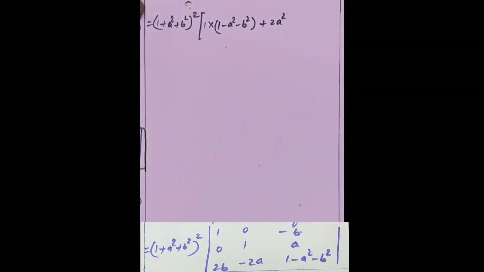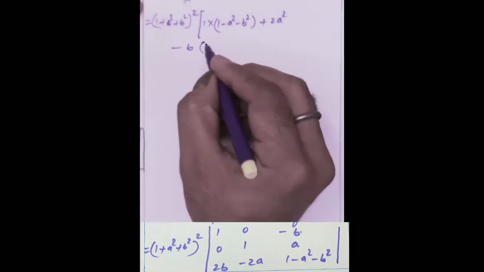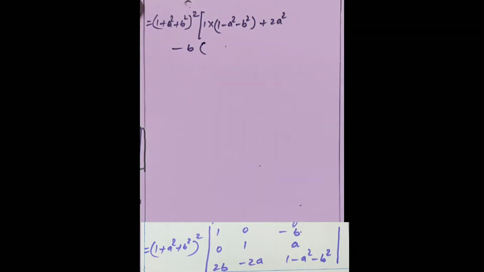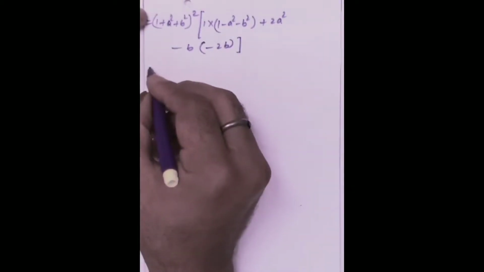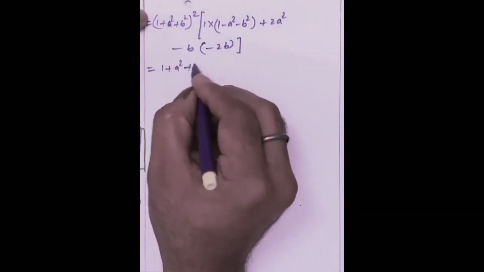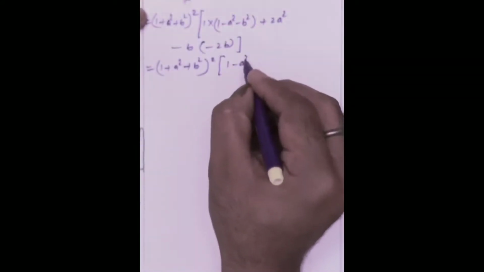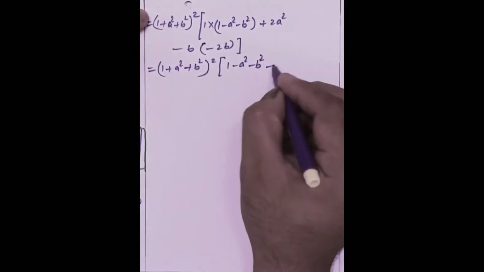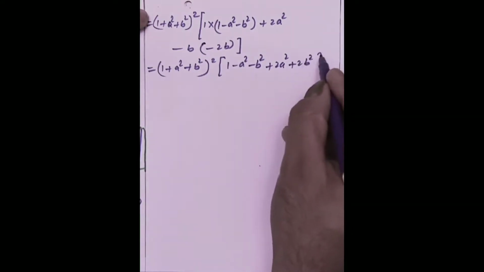This is our first step, and second element is 0, so already multiplying with it everything will become 0. Last one is minus b, so minus b times minus 2a into 0, 0, and then it will be minus 2b. So let us check it. 1 plus a square plus b square whole square. Inside we have 1 minus a square minus b square plus 2a square here, and minus minus plus 2b square here.